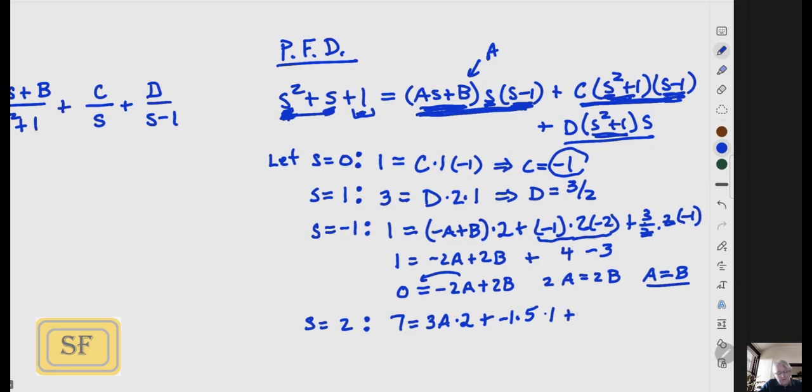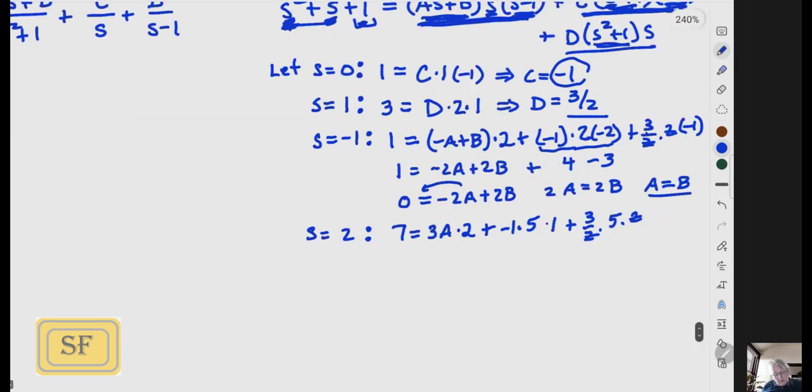And now we can solve for A. We get 7 equals 6A minus 5 plus 15. So this gives you a 10. Subtract 10 from 7, you get negative 3 equals 6A. That tells you A is negative 1/2. And that's B. B is also negative 1/2.